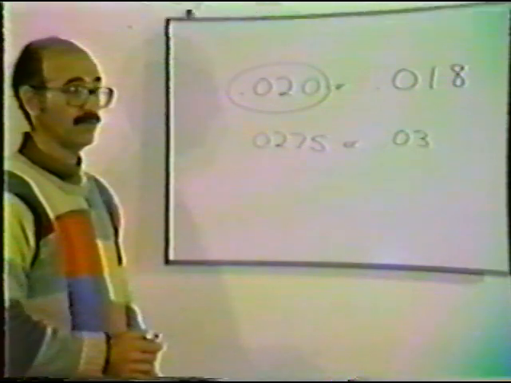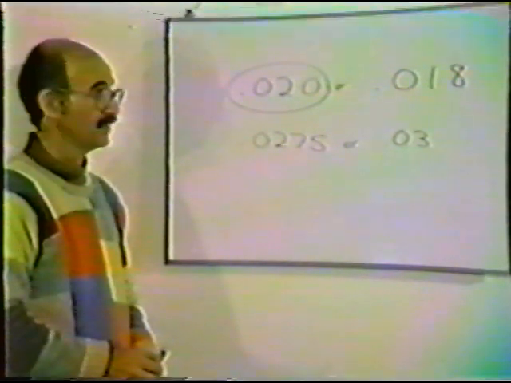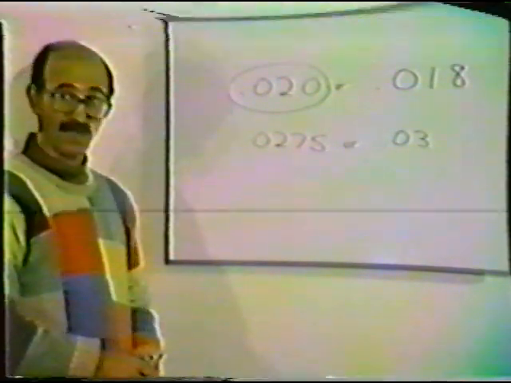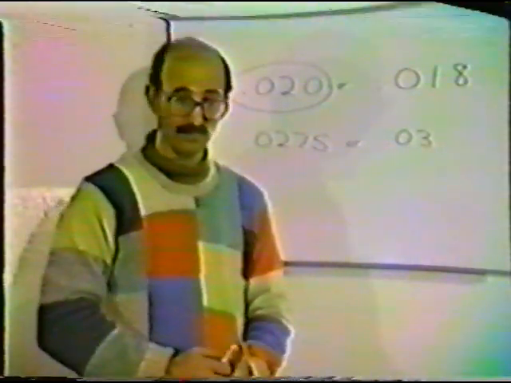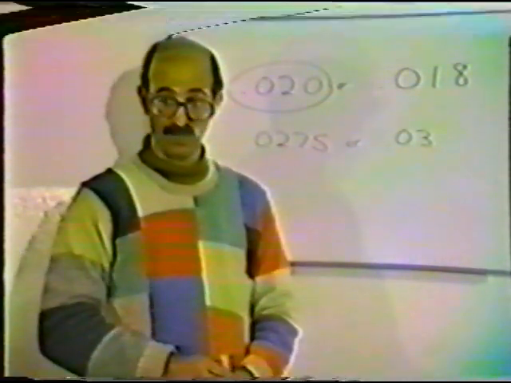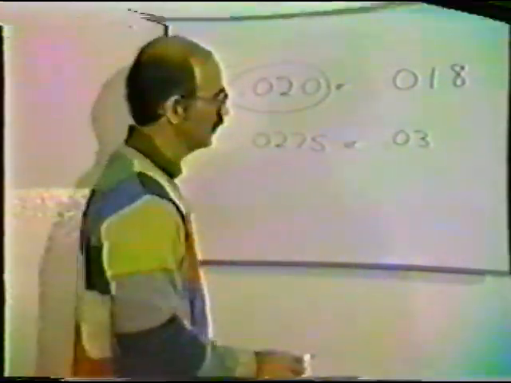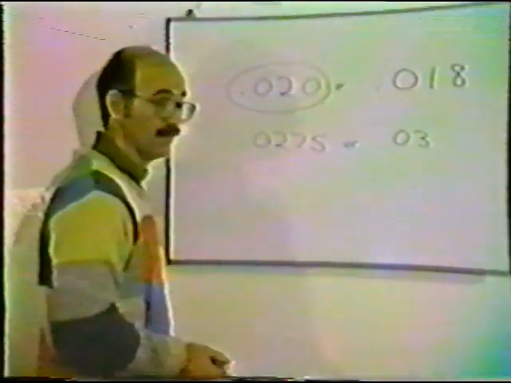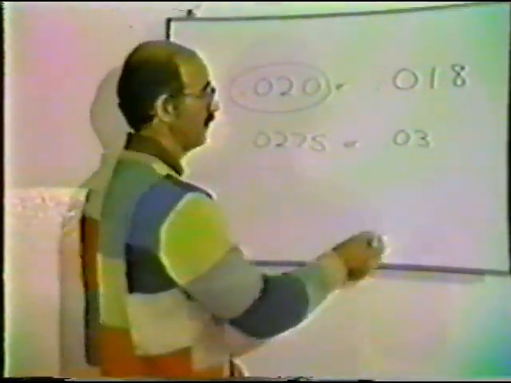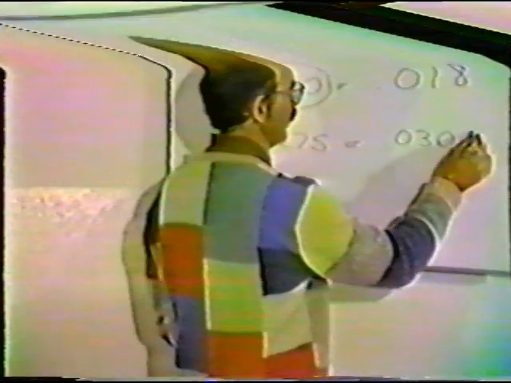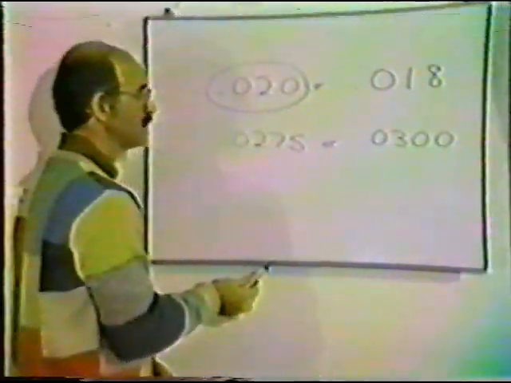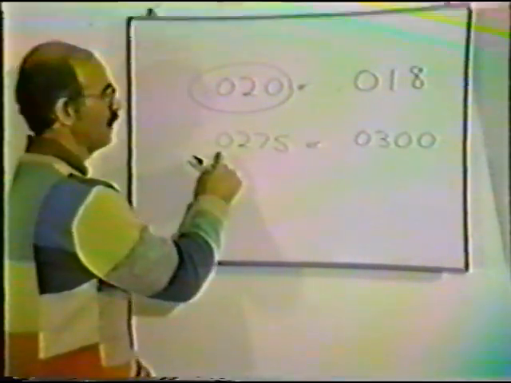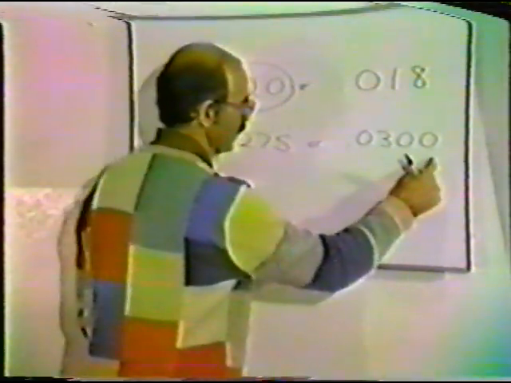Well, those sound very different to me. It's very hard to compare them. Would it help if I added some zeros on the end of one of them? Yes. Where shall I put them? After the 3. How many zeros would you like me to add? 2. If I add 2, then I'm comparing two decimals, each that use 4 places.